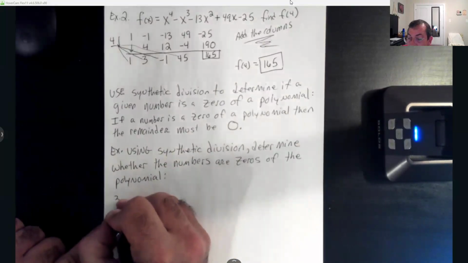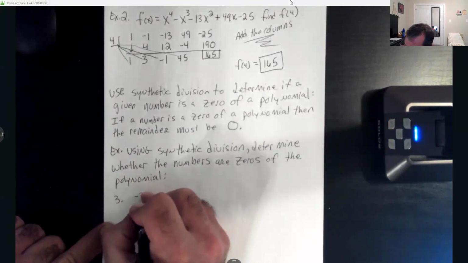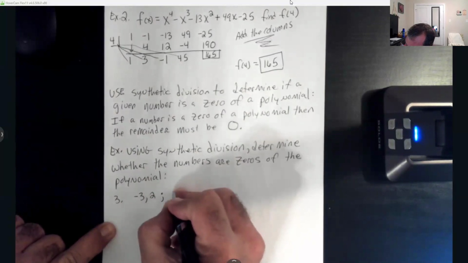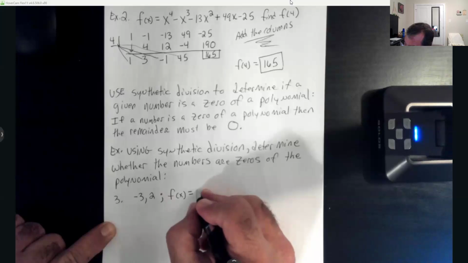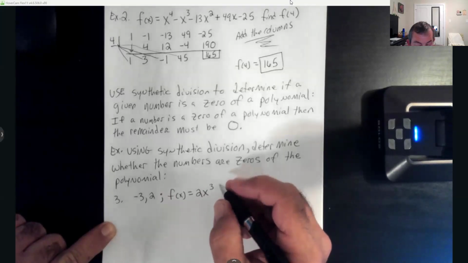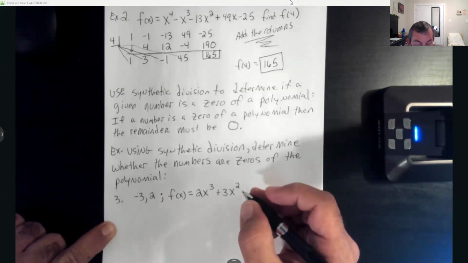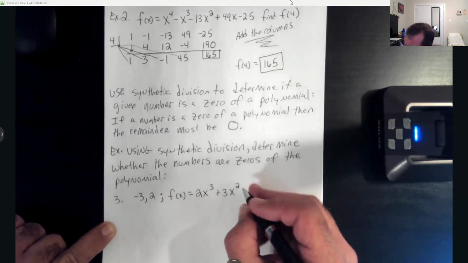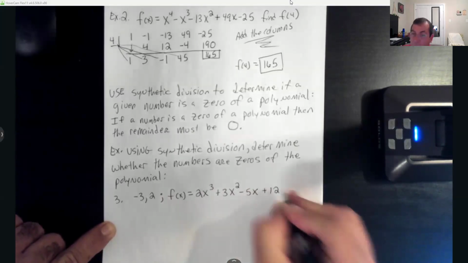Okay, so these will start at number 3. So the numbers they want me to check, -3 and 2. And then they're giving us f of x equals 2x to the third plus 3x squared minus 5x plus 12.